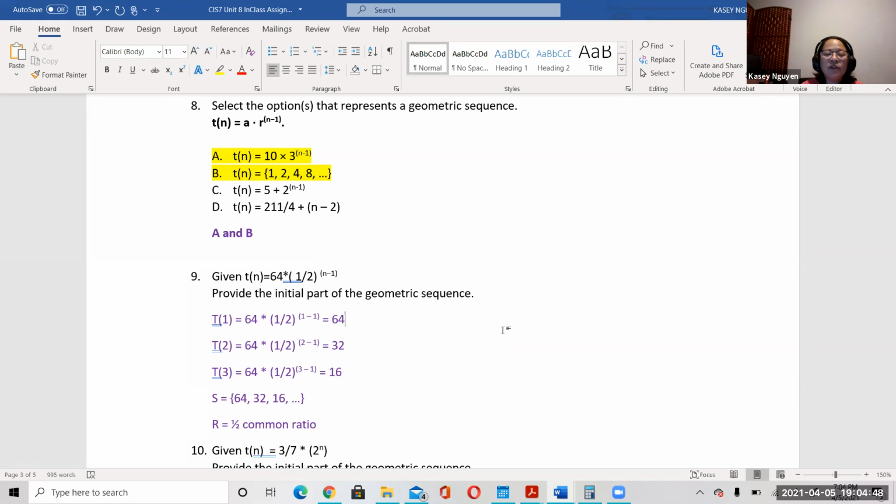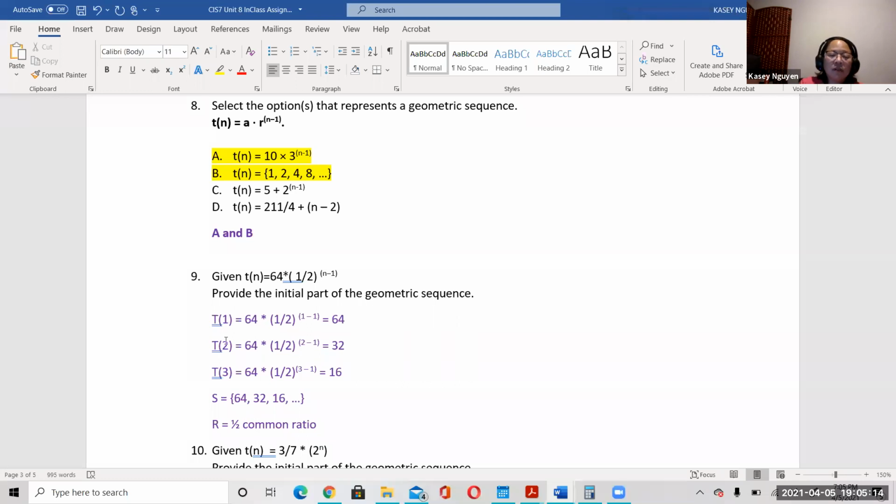So first we plug in T of 1. We plug in the first n, which is 1, and we would have 64 times 1/2 raised to the 1 minus 1 exponent, which is 0. So 1/2 to the 0 is 1. 1 times 64 is 64.